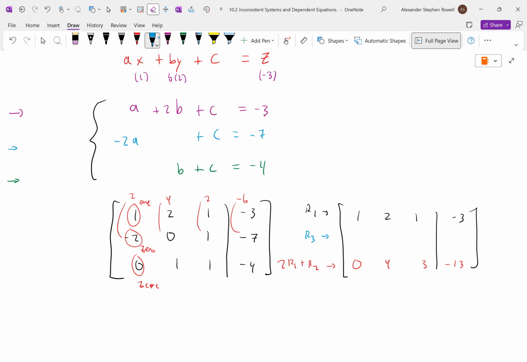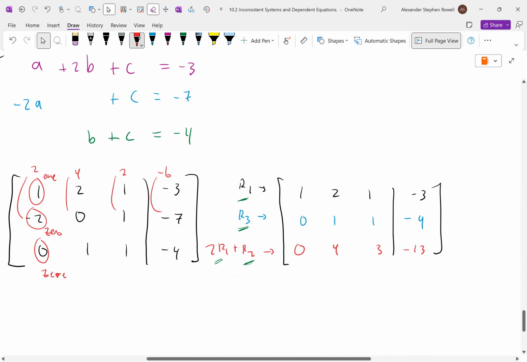And row 3 is how I want it already: 0, 1, 1, -4. Any questions about anything I did or why I did it? Yes. So the whole point is you can do anything where you're multiplying a row by a number, adding or subtracting the rows together, and you must include all three rows. So here, I've included row 1, I've included row 3, I've included row 2. I can use any of the rows more than once.